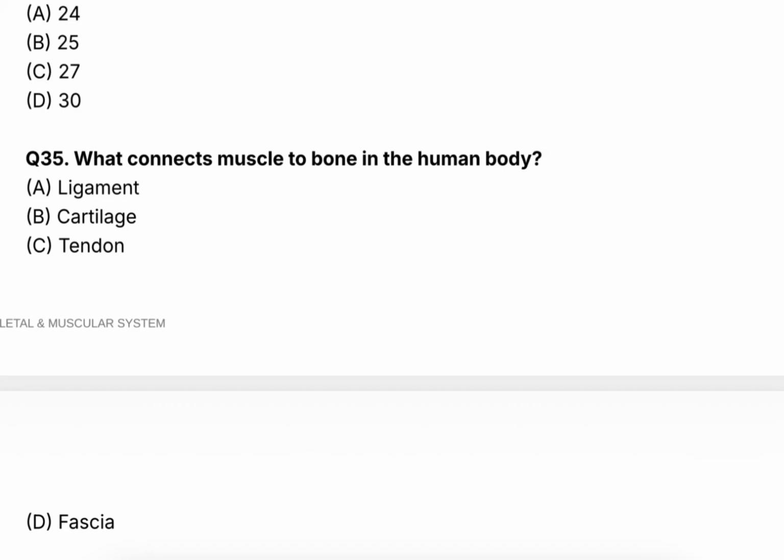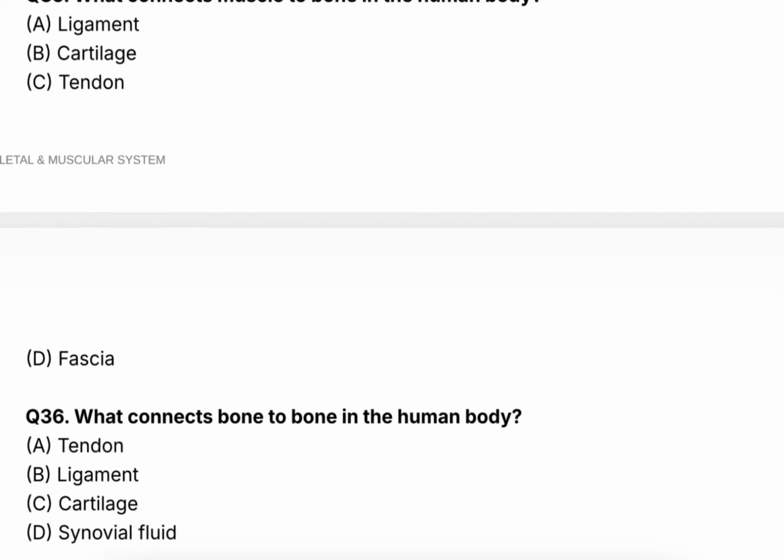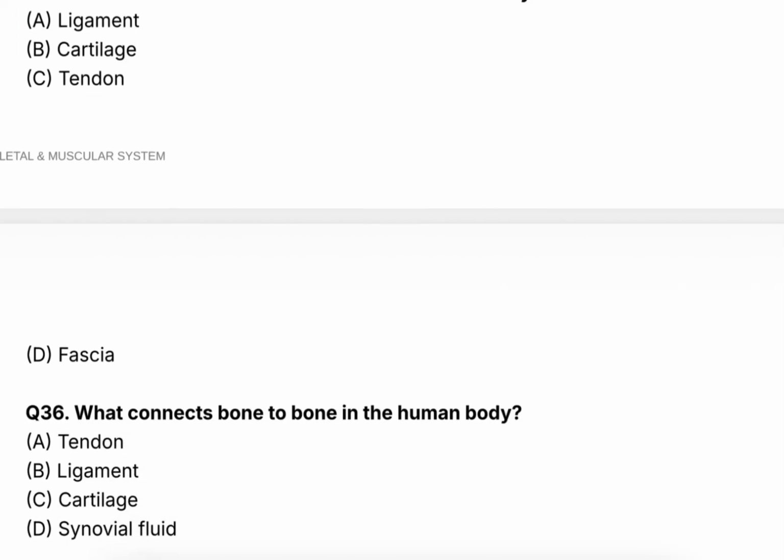How many bones are present in one human hand, including wrist? 27. What connects muscle to bone in the human body?